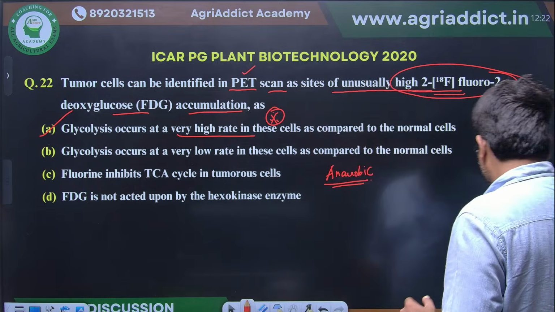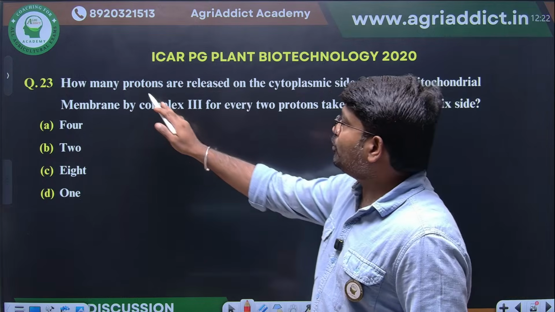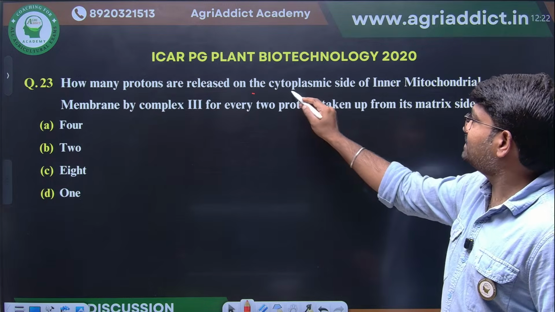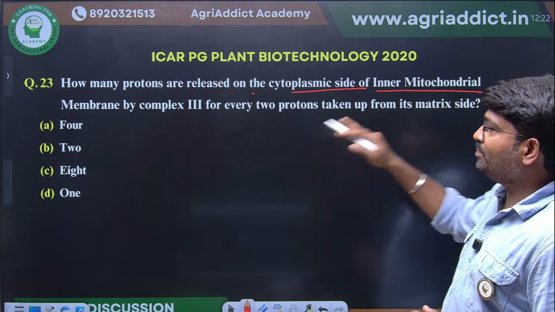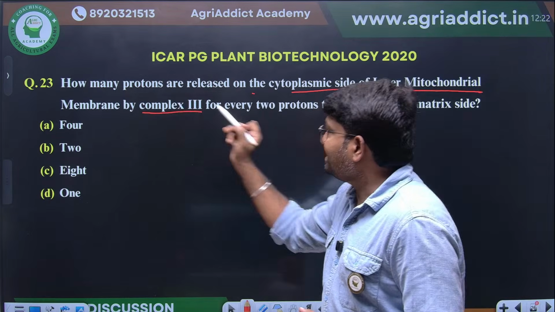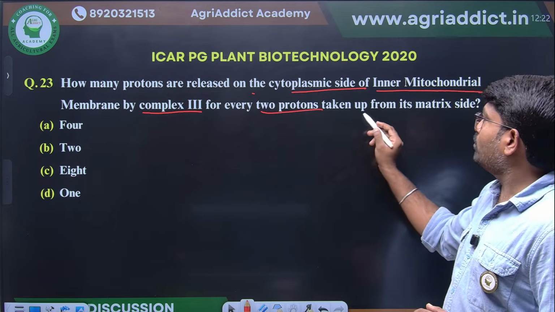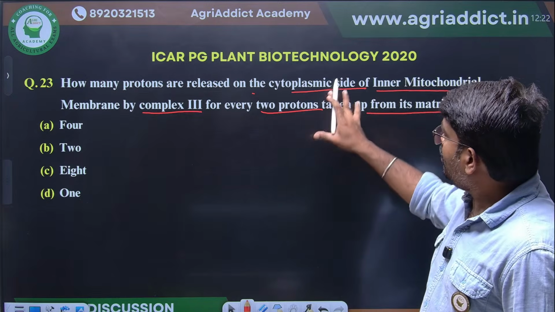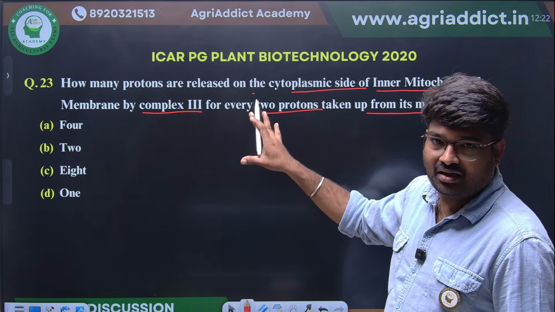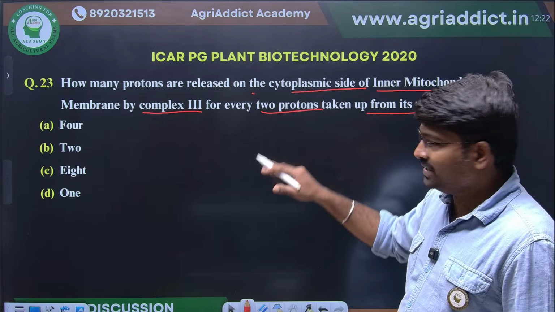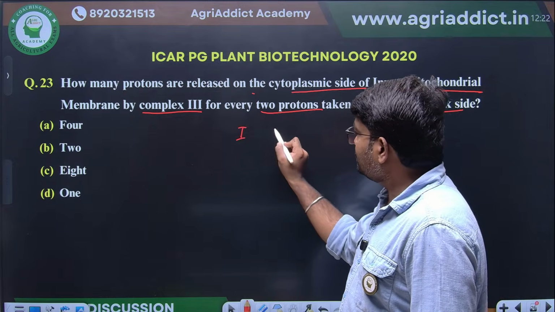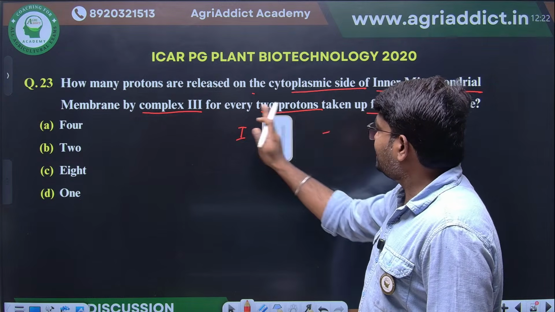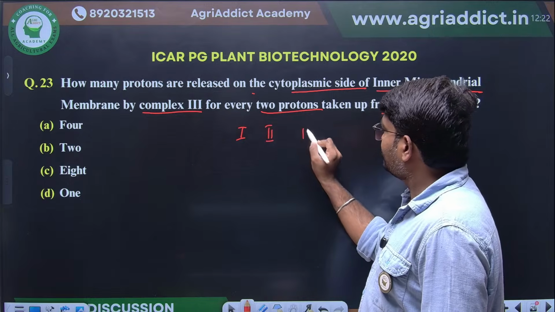Okay, clear? How many protons are released on the cytoplasmic side of the inner mitochondrial membrane by complex 3 for every 2 protons taken up from the matrix side? They are asking how many protons will be released. We know complex 1, 2, 3 and 4 are arranged like this.